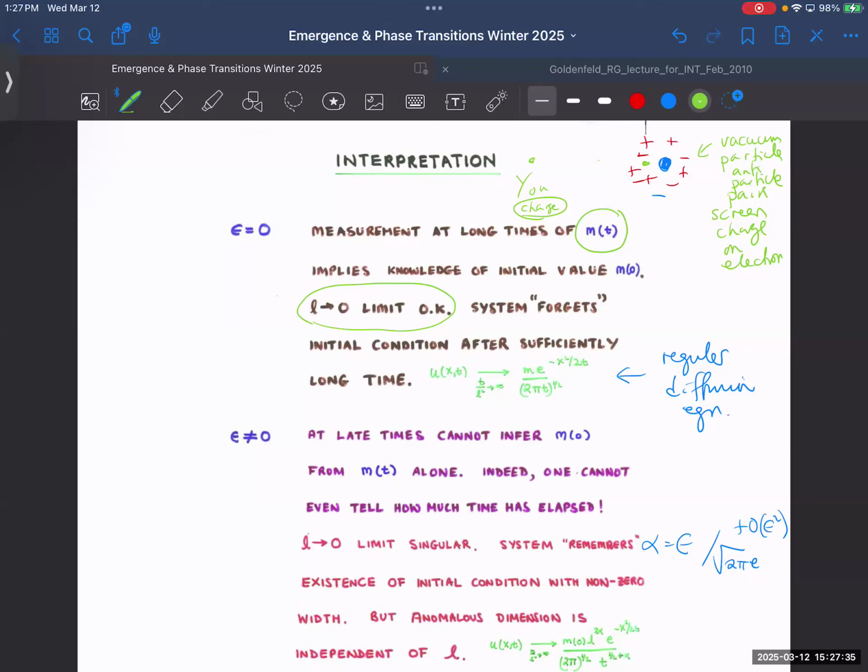So from a long distance away from the electron, you can't observe the bare charge on the electron, the charge that it actually has at small distances. It's unobservable.